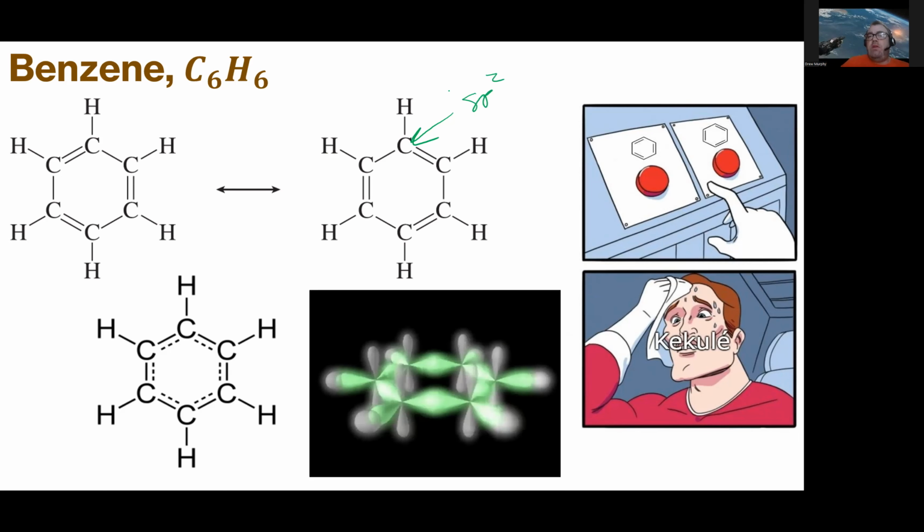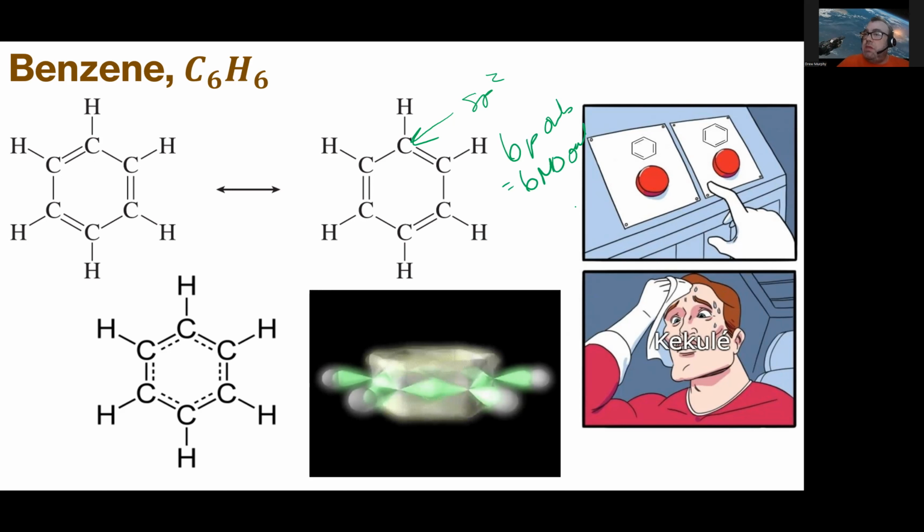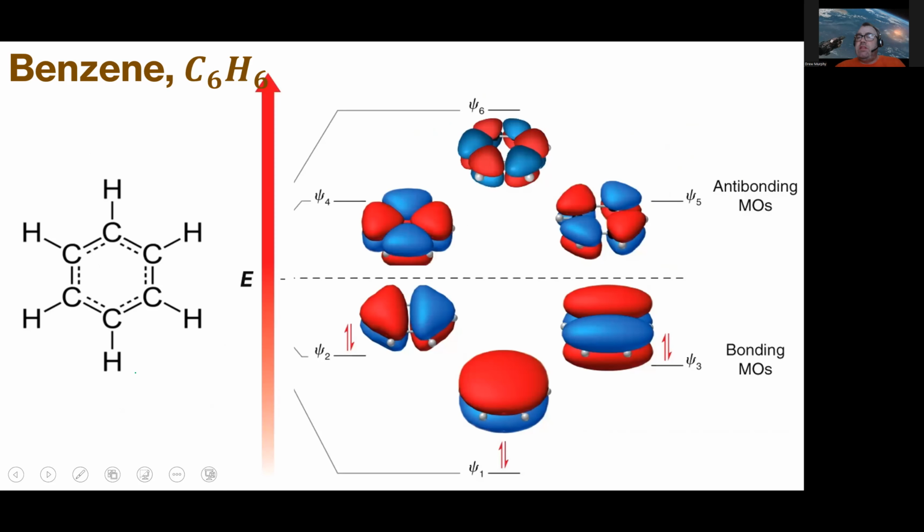So we have 6 p orbitals in, which means we're going to get 6 molecular orbitals out, and because they're p orbitals, we get pi molecular orbitals. We said there are 2 different resonance structures for benzene, because they can share all the way around.